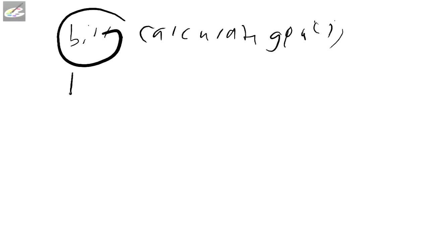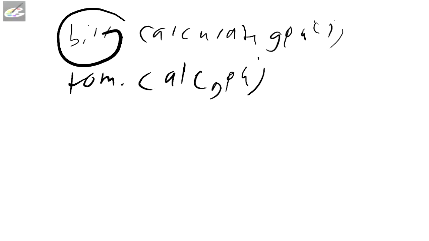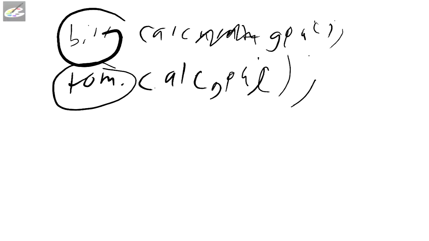And then we could have Tom, and we could separately calculate, let's just say that it was calc, Tom's GPA separate of Bill's. So these are two different instances, and they have two different values inside.